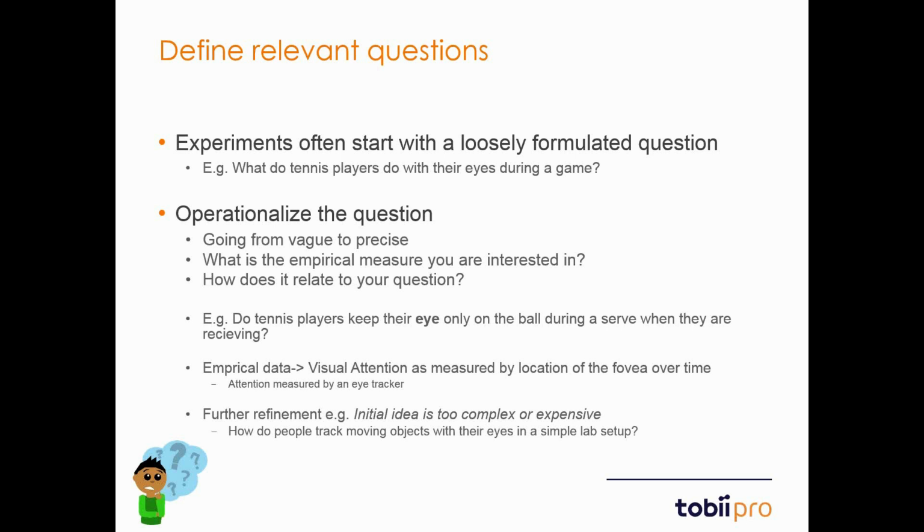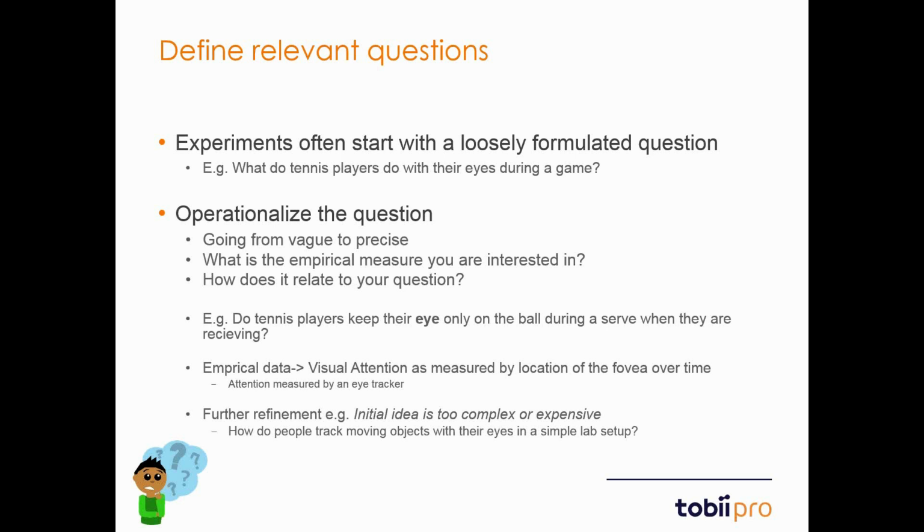So you have some sort of empirical measure that you'd be interested in that will relate back to whatever your initial question was. And so, for instance, asking what do tennis players do with their eyes during a game, there's a lot of different things that might mean. So maybe we want to zone in a little bit more, and we say, do tennis players keep their eye on the ball, only on the ball during a serve when they're receiving?